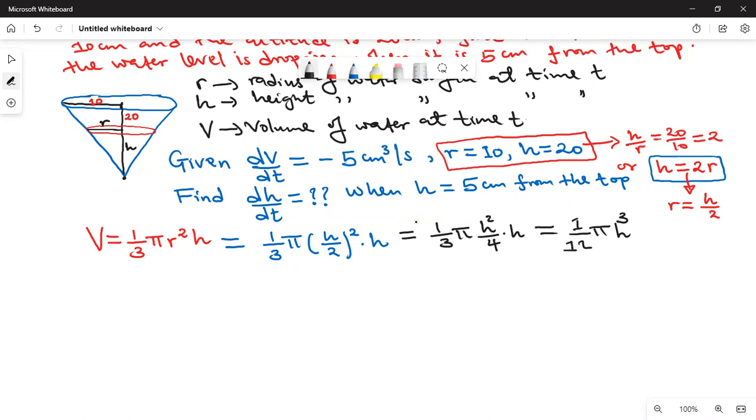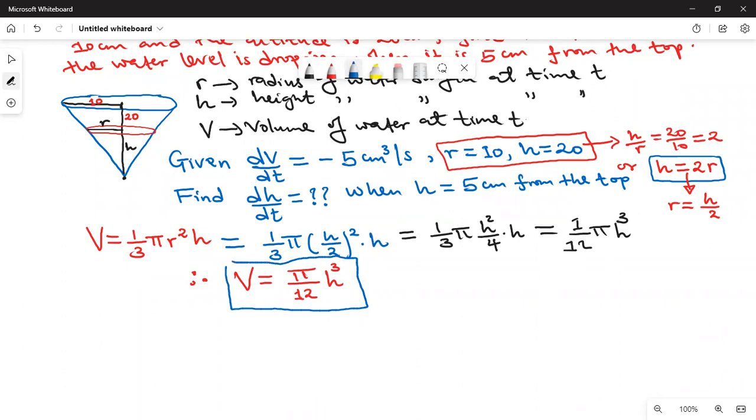So I can just write it here as a summary. You say, therefore, volume can now be written as pi over 12 h cubed. So now let's differentiate this equation with respect to time on both sides.